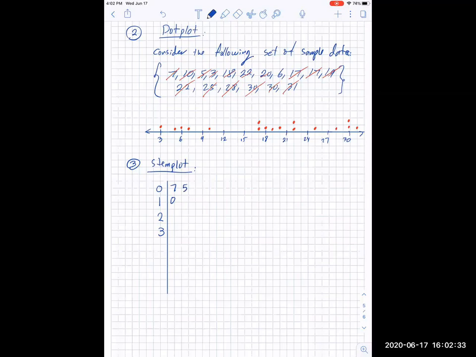The 3, 0, 3. 18, 1, 8. 22, 2, 2. 20, 2, 0. 6, 0, 6. 17, 1, 7. 1, 7. 19, 1, 9. 22, 2, 2. 25, 2, 5. 28, 2, 8. 30, 3, 0, 3, 0, 31, 3, 1.